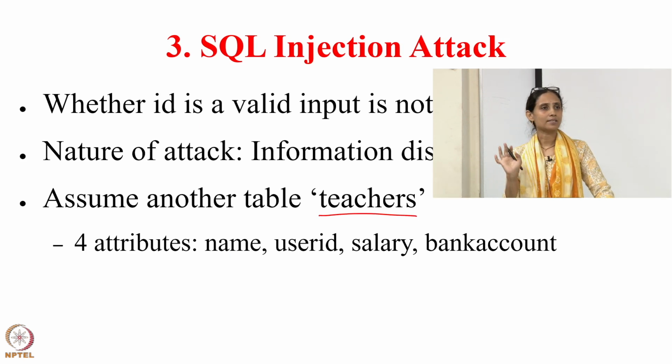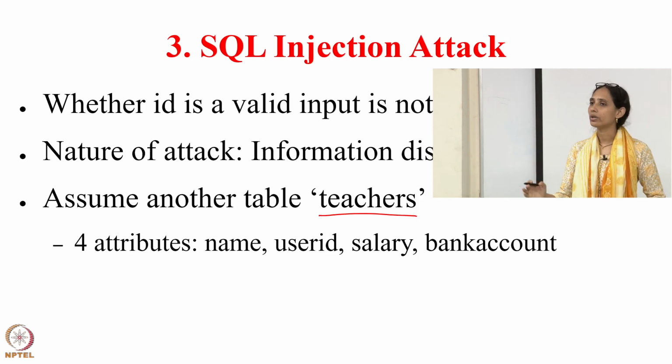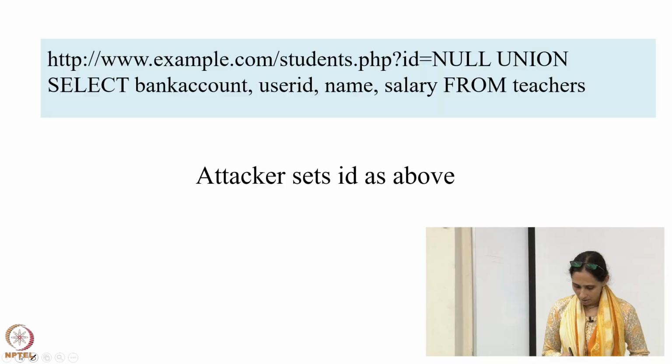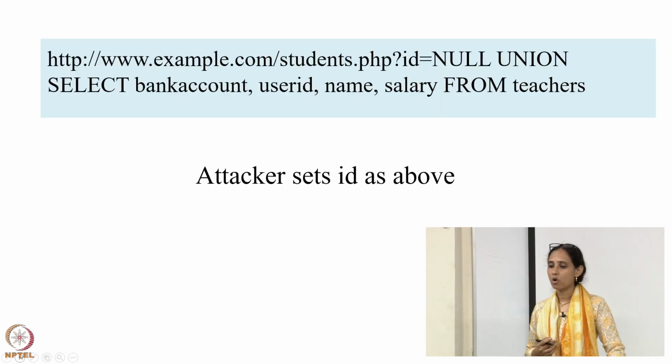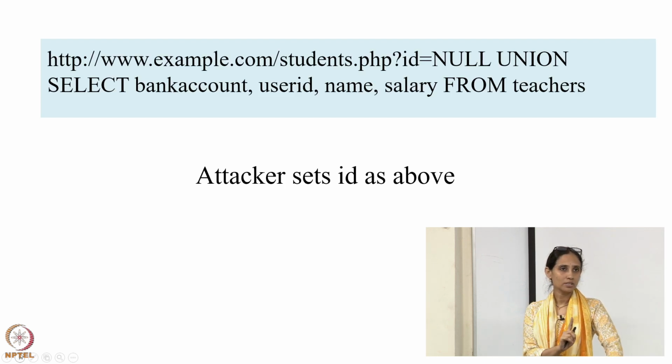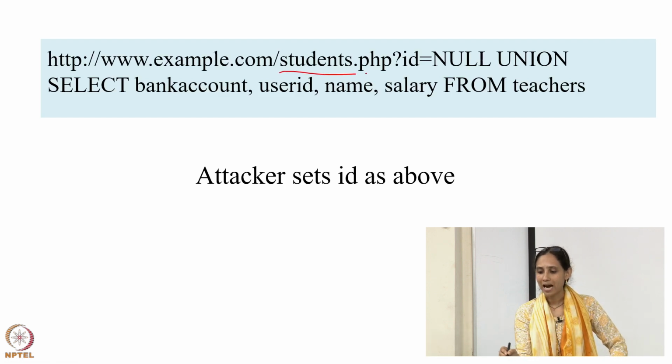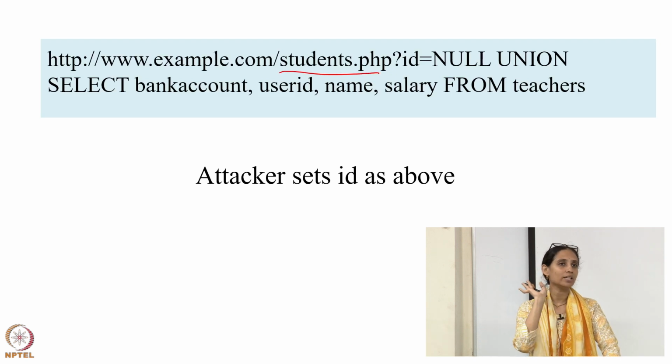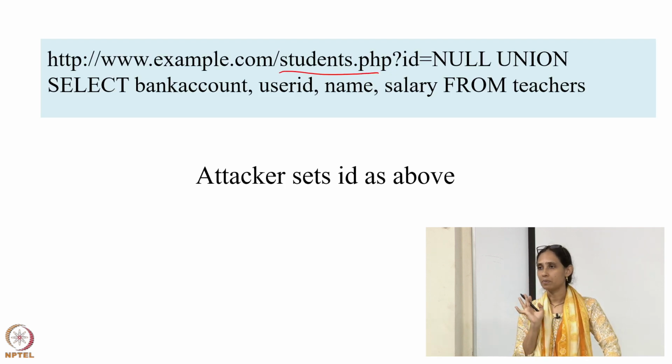So, the database has this table with this teachers data, and you want to get hold of this information. It is not revealed to you, but somehow you want to get hold of it. So, what do you do? So, remember there is a table called students and there is a table called teachers. As an end user, the students.php ideally is supposed to access only the students table.